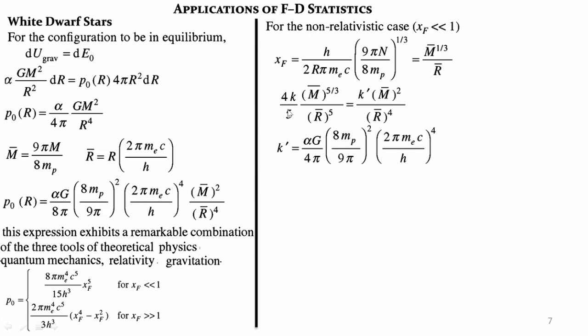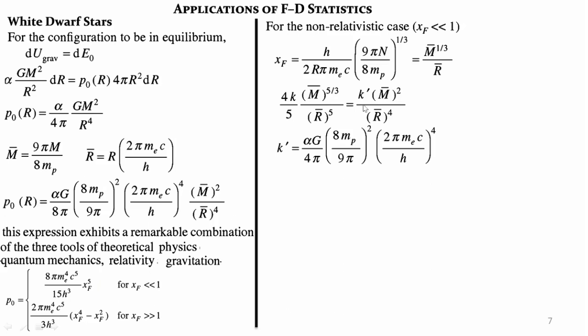And on the left hand side, you will find that you have 4 by 5 k m bar raised to the power 5 by 3. So where is that 5 by 3 coming from? 5 by 3 is coming from this. This is xf raised to the power 5.